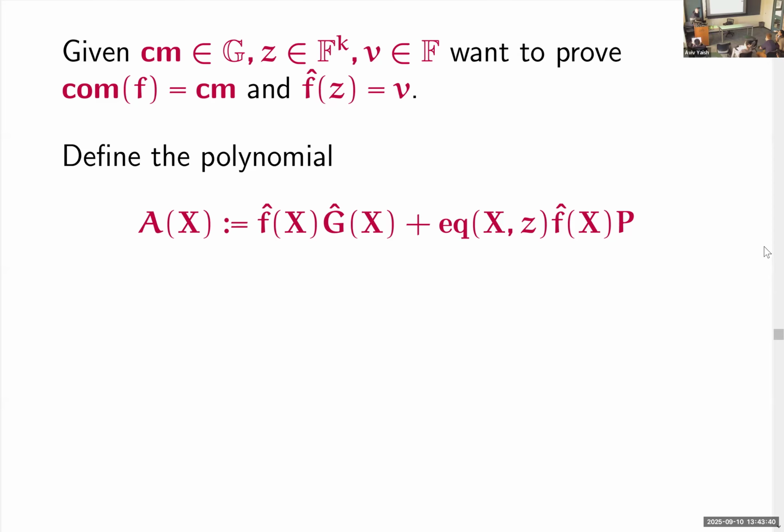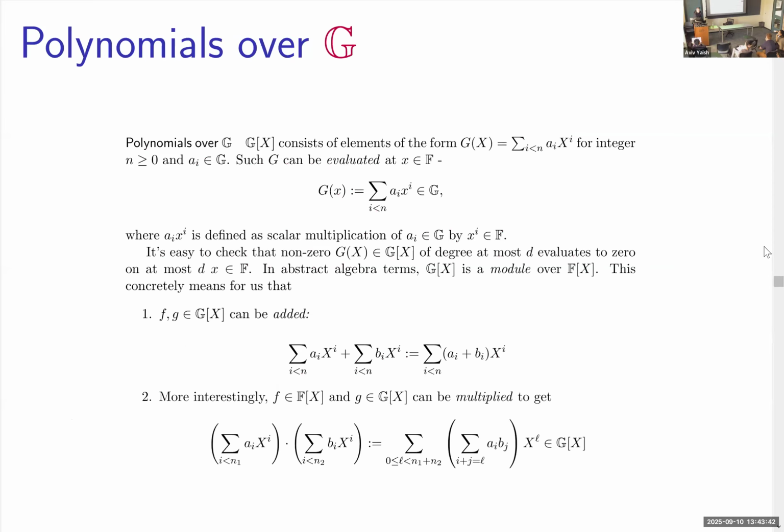Because it's not defined. If we go back here, when you try to define the product, the coefficient of x to the L will be this sum, and if you had a_i and b_j both in the group, that wouldn't be defined. Oh, I see, it's an additive group, yeah.